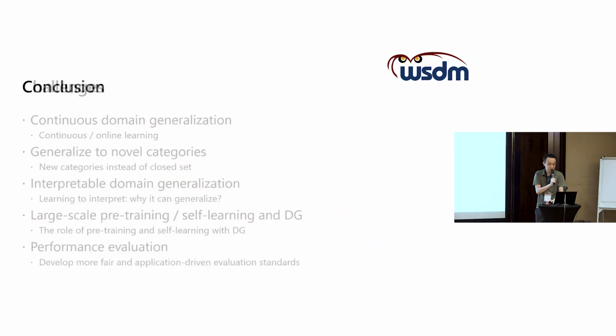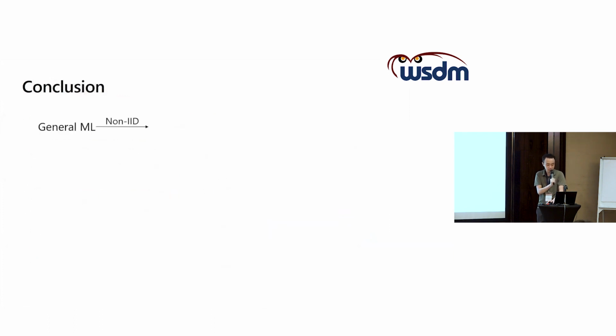Last but not least, I want to do a conclusion. Conventional machine learning has been analyzed for many decades, and there are many elegant theories talking about the robustness and generalization issues of machine learning models.